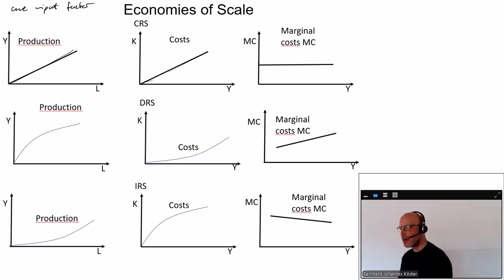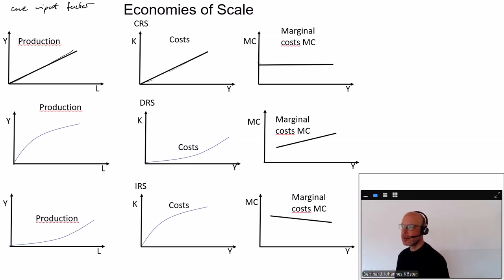If we have our neoclassical production function, then this would mean we have a convex cost function, and this would then translate also into an increasing marginal cost function. And now we are in the nice situation, increasing returns to scale.